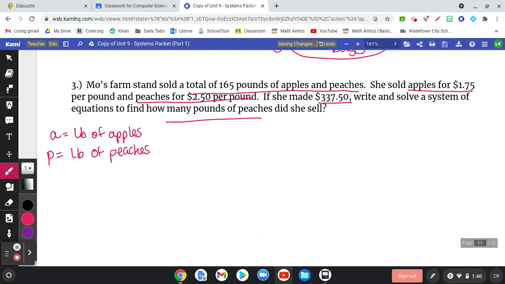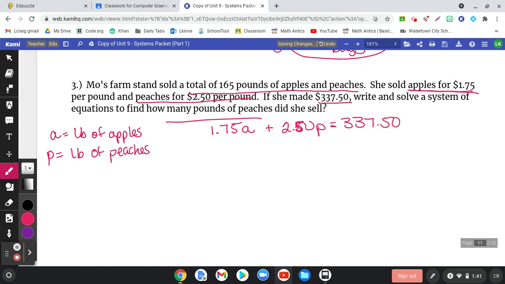Now, the money, basically you're dealing with the number of pounds and the amount of money. Let's start with the money. Apples are $1.75, so 1.75A plus the peaches are $2.50 times the number of peaches equals the total amount that she made.